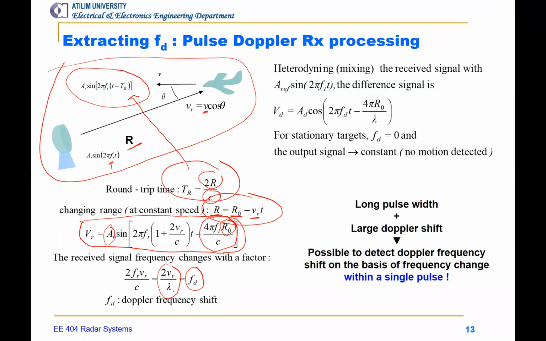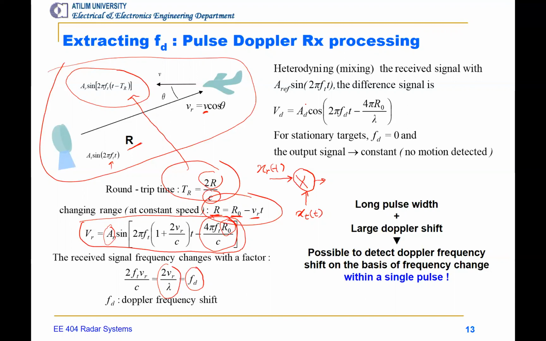And remember that at the receiver side, we got a mixer again, where we have the received signal, xR of t, and the transmitted signal, xT of t, and the output is going to be the multiplication of the two signals as we have shown in the previous slide. That's the multiplication of two sines or cosines, and it gives you the difference frequencies.